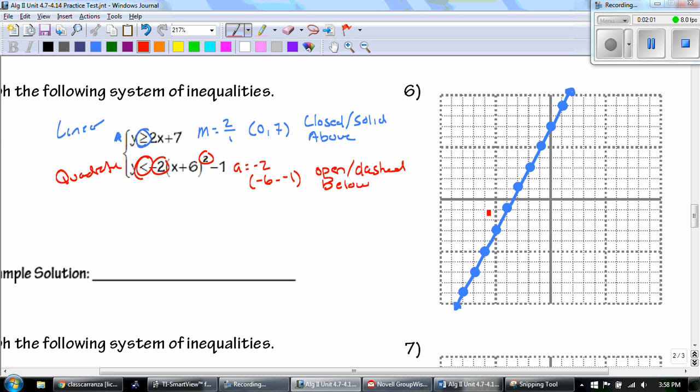So at negative 6, negative 1, I am open, and now I follow the pattern. I'm going to go down 2 over 1, 2, 4, 6, 8 over 2.